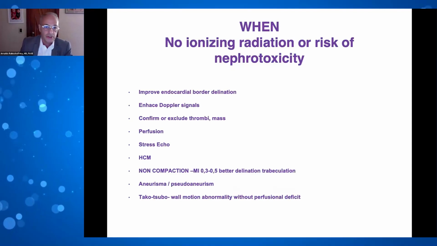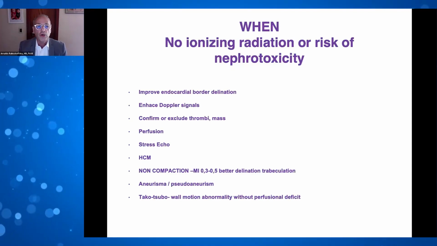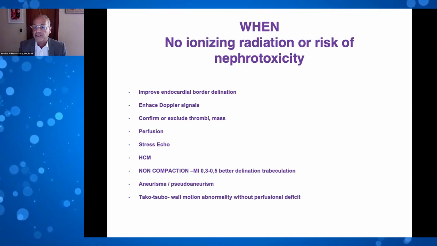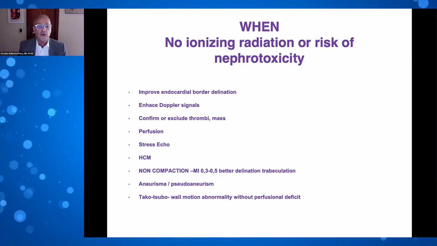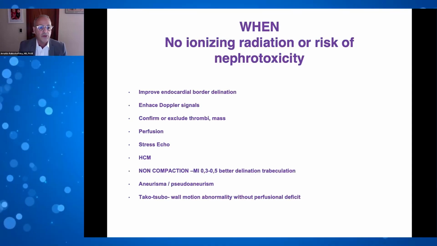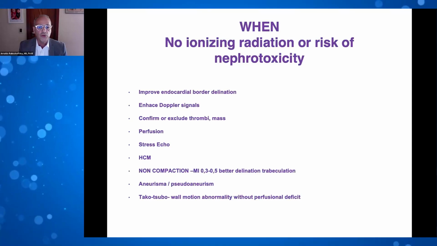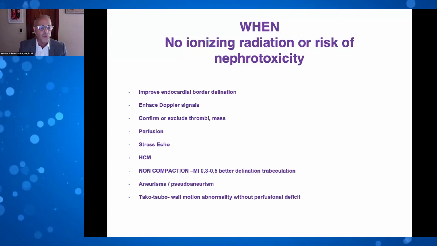When to use the contrast? Remember, contrast involves no ionizing radiation or risk of nephrotoxicity. It improves endocardial border delineation, enhances Doppler signals, and confirms or excludes thrombi or masses. It can be used for perfusion.